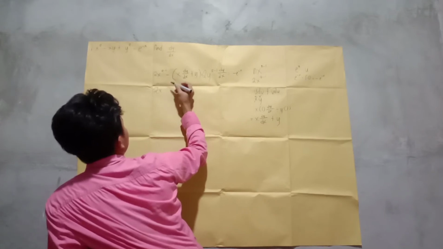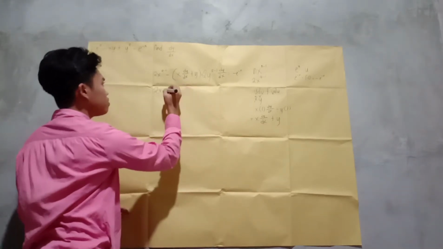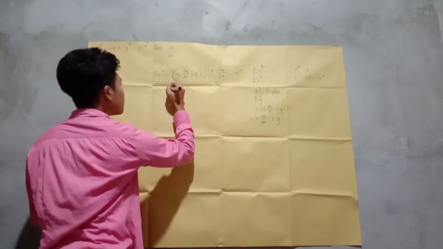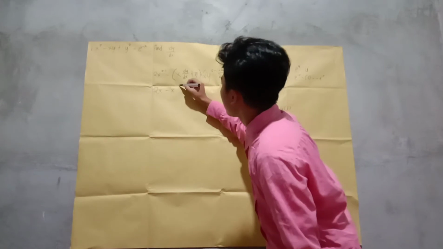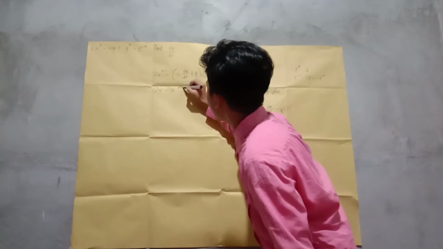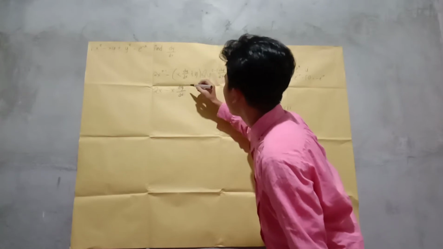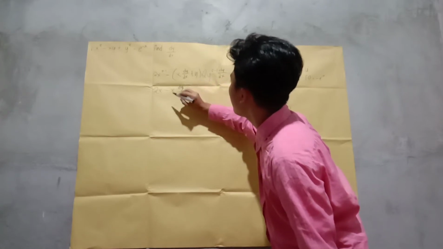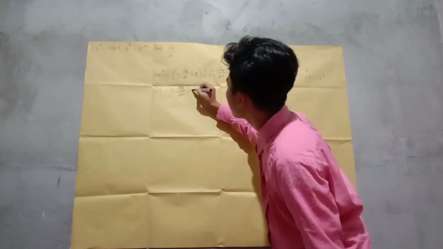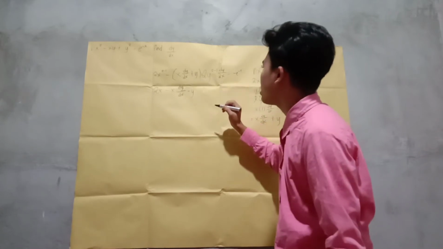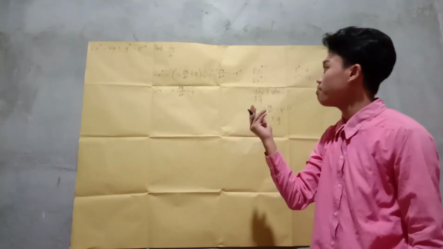Negative times x dy over dx is equal to negative x dy over dx, and negative times positive y is equal to negative y, because any number that we multiply by a negative becomes negative.